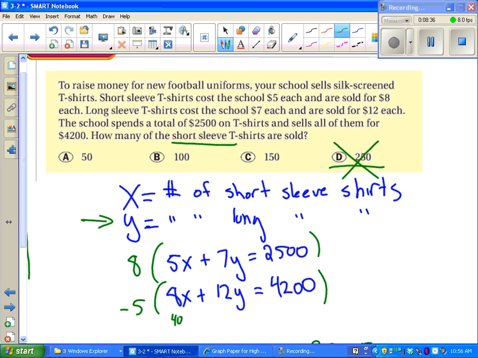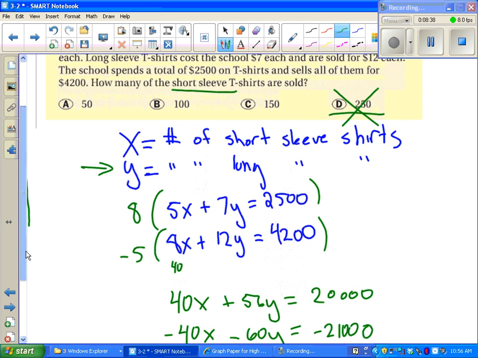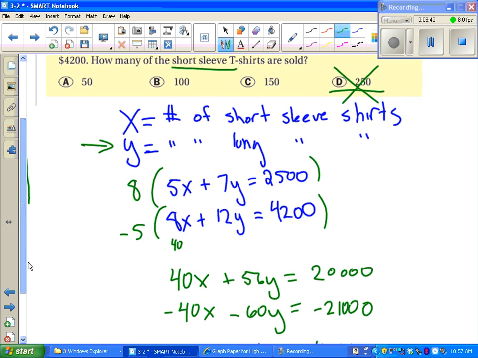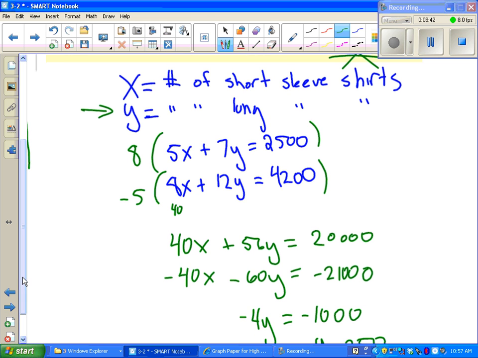We want to find out how many short sleeve shirts we sold, which means I've got to go back and solve for x. It doesn't matter which equation I plug into. I'll choose the first. We know y is 250. At this point, we use some simple algebra steps to just solve for x.